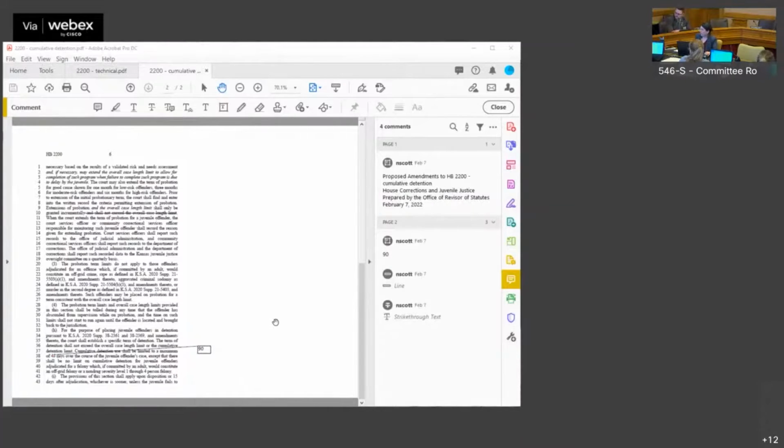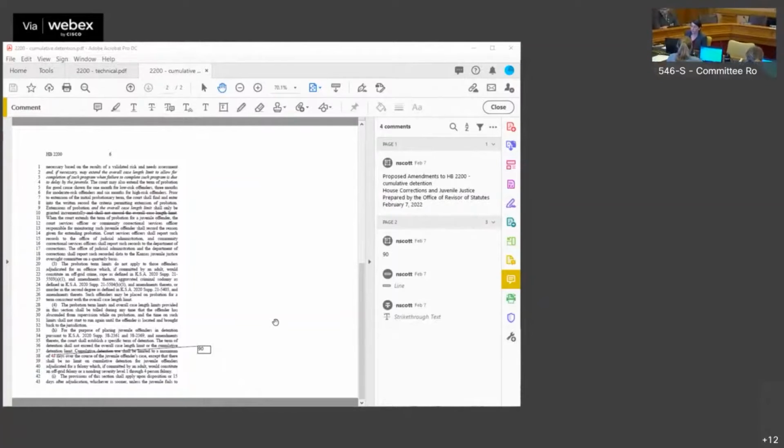In the case of someone who, at the judge's discretion, had a 45-day case limit, then the detention limit would be 45 days still, or no? Yeah, so none of the overall case length limits are that short, but if they were, say they were running up against their overall case length limit, say they were 50 days away from it, and the judge wanted to sanction this juvenile to detention, they would only be able to sanction that juvenile to 50 days of detention, even though technically 90 days, they'd still have time on their cumulative detention length, but because they're running up against that overall case length limit, that would be the end.